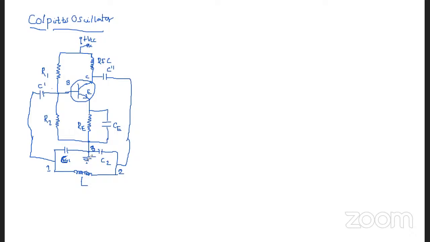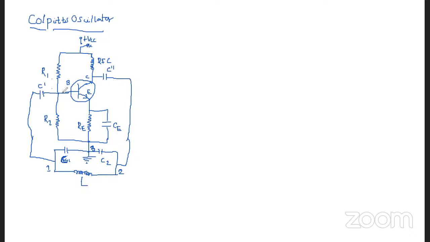So here we have different resistors and capacitors. If you see the resistors here, R1 and R2, these two resistors form a voltage divider across the supply voltage VCC and provide the necessary bias condition for the circuit along with this emitter resistor RE.